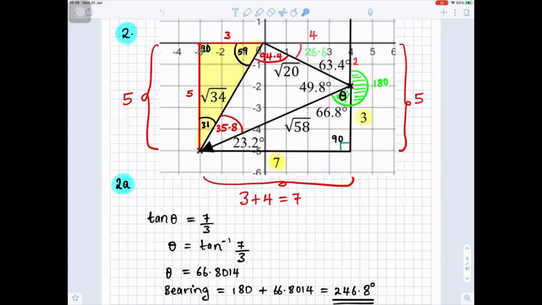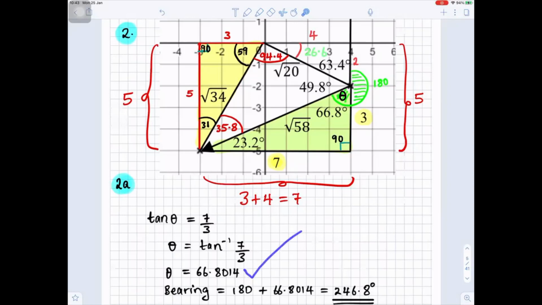And if we look at the green triangle, the tangent is opposite, which is 7, divided by the adjacent, which is 3. So in the green triangle, tangent of the angle theta is the opposite, 7, divided by the adjacent, 3. So the angle is inverse tangent of 7 over 3.